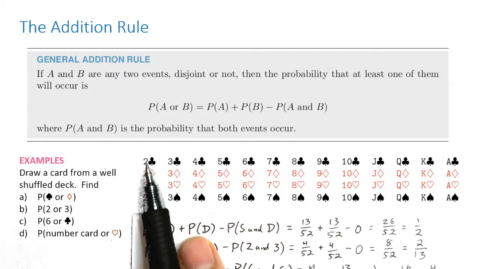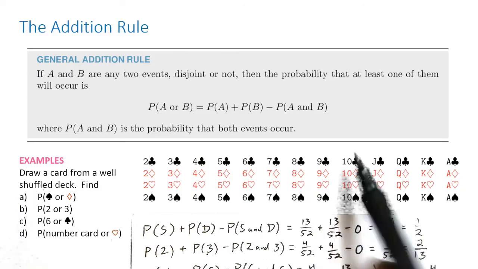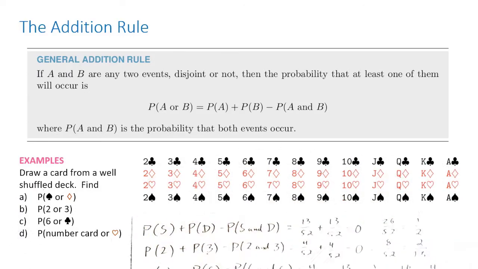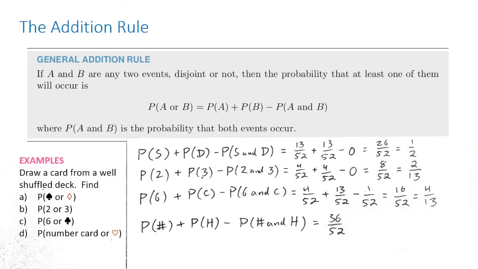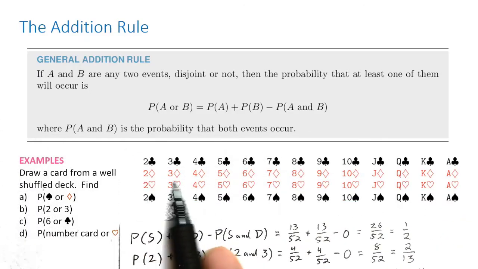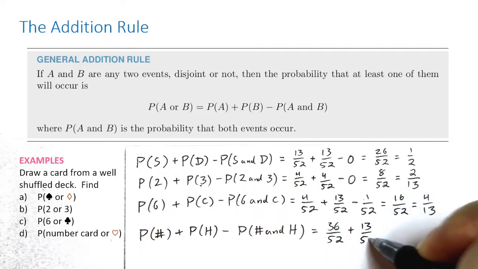Well, how many of these cards are numbers? 1, 2, 3, 4, 5, 6, 7, 8, 9 times 1, 2, 3, 4. There's 36 numbers out of 52 cards. 36 out of 52. How many cards are hearts? There are 13 hearts, 13 cards of each suit. So plus 13 out of 52.